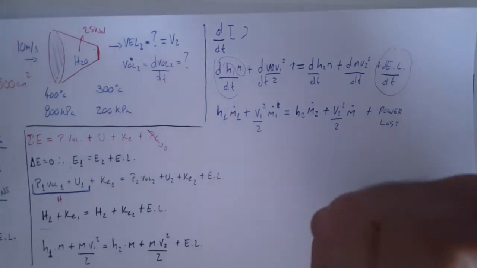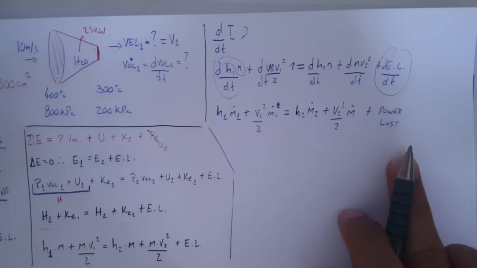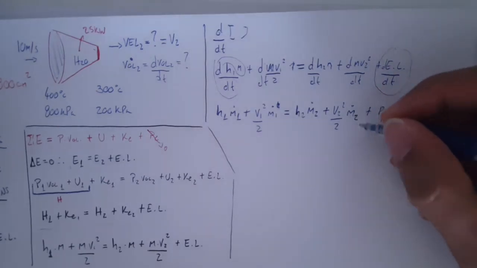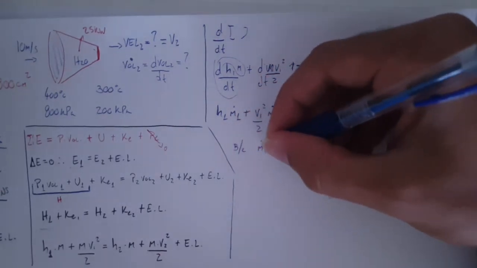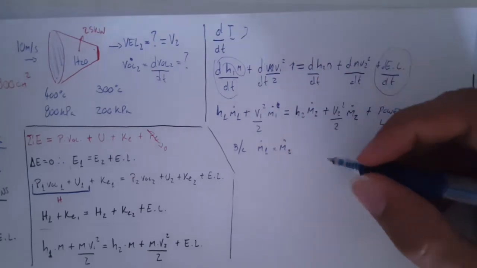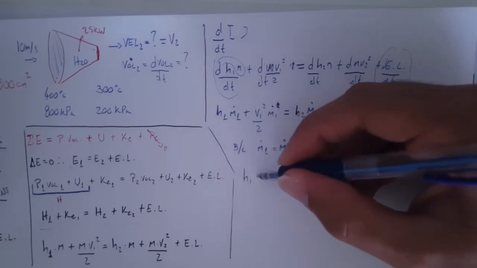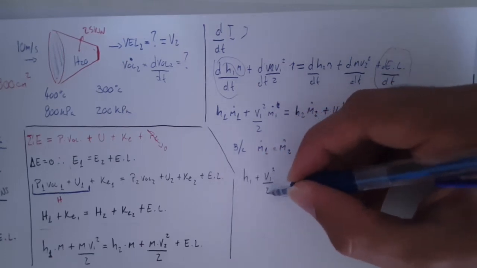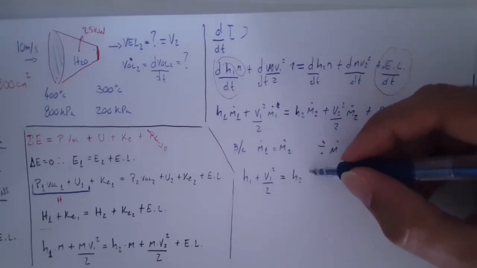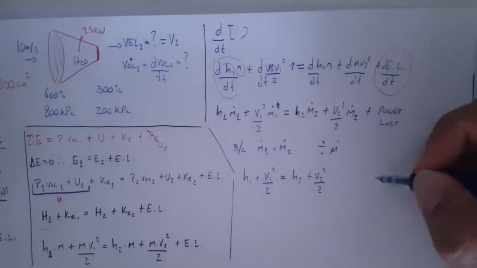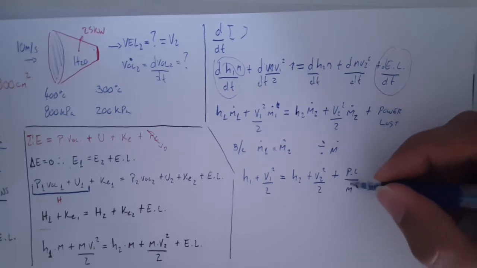Next thing we can do is divide everything by the mass flow rate, because of mass conservation, mass flow rate 1 equals mass flow rate 2. So I'll have h1 plus v1 squared over 2 equals h2 plus v2 squared over 2 plus the power lost divided by my mass flow rate.